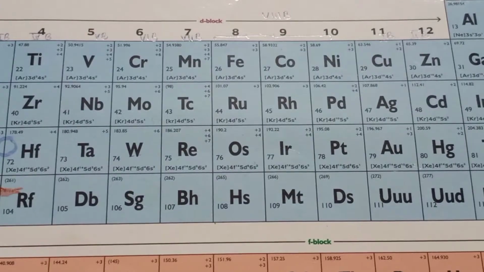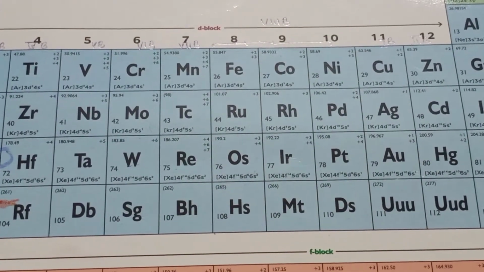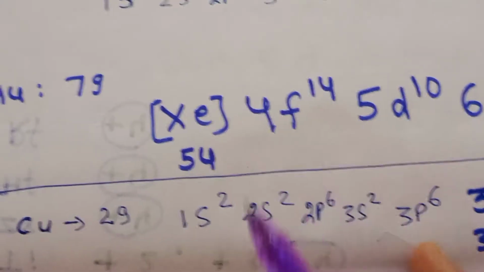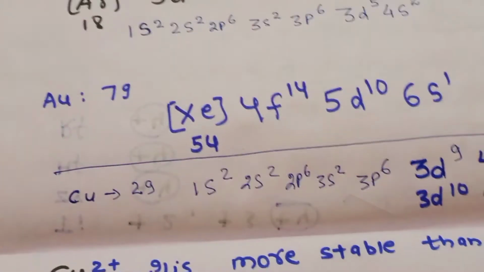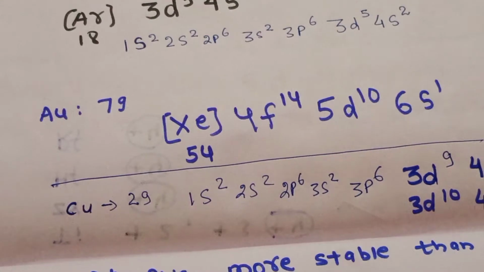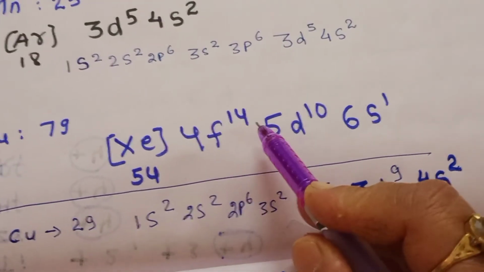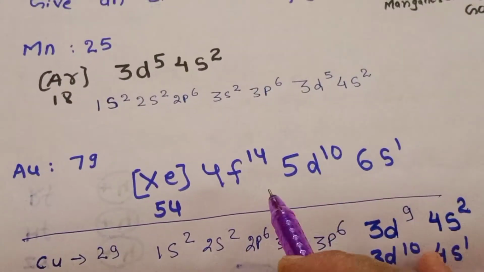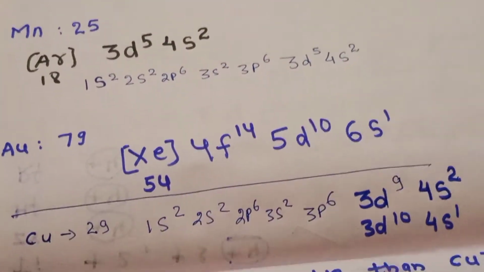So in gold, 4f14 electrons will be occupied in the f subshell. So the configuration of gold will be xenon in the core, 4f14, 5d10 and 6s1. I hope you can write it down and prepare for the exams.